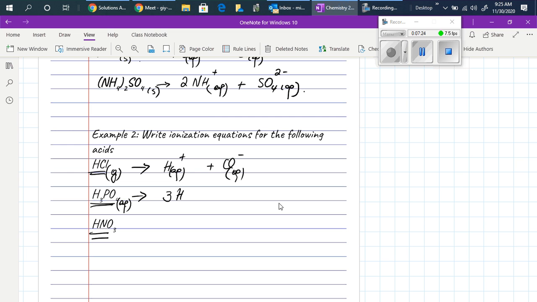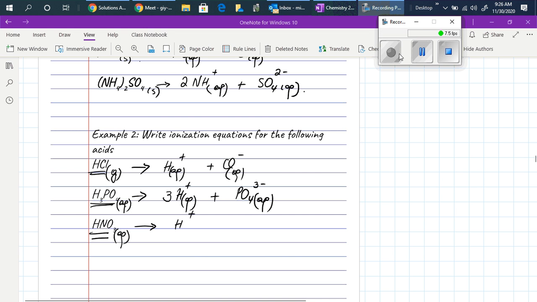That is 3H+ aqueous plus PO4 3- in aqueous solution. And the last one we will have in aqueous solution as well, hydrogen in aqueous solution and NO3- in aqueous solution.